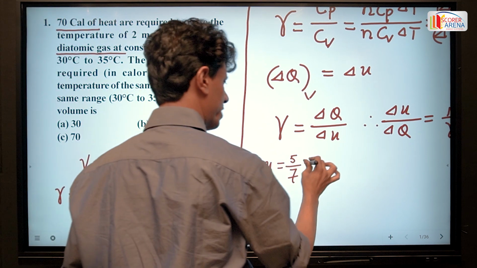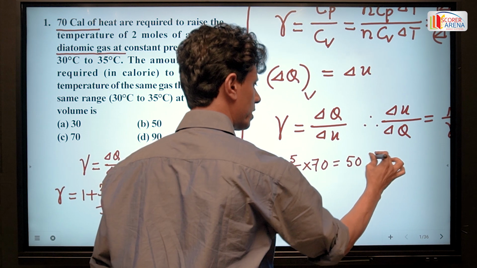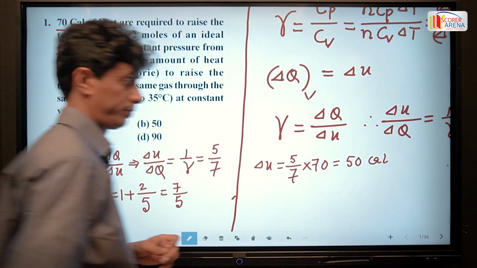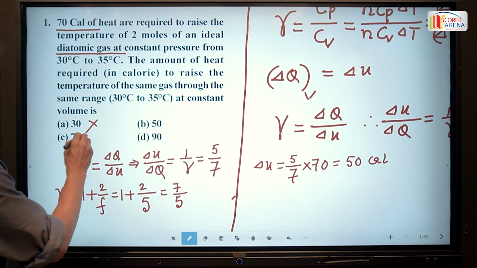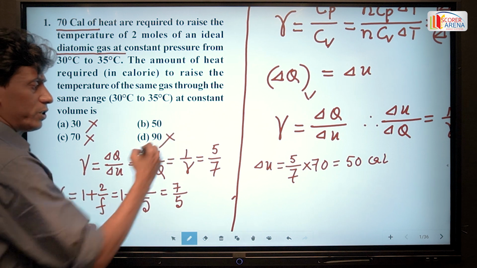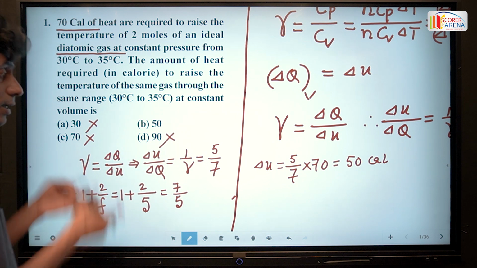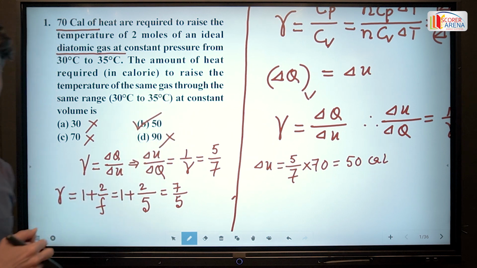So it is multiplied by 70, therefore our answer becomes 50 cal. So option A, 30, is not correct, option C, 70, is also not correct, and D also is not correct. So therefore here the right option is B, that is 50 cal.